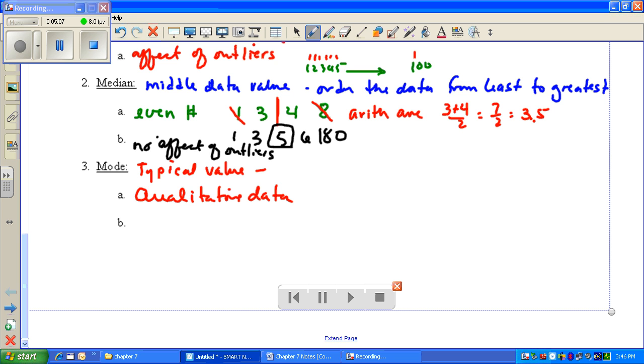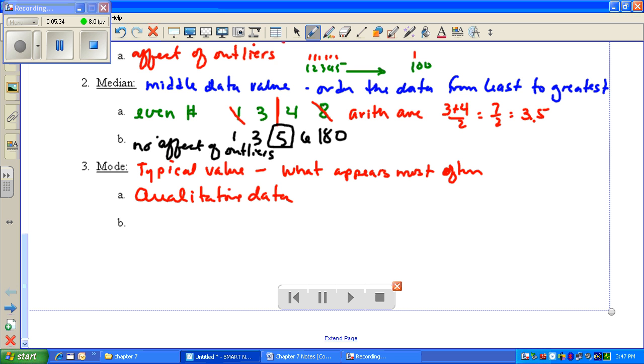It's typical by what occurs the most often. So if I look at my math for elementary teachers, I would say the average student in my math for elementary teachers is female. That would mean most often I have more females in the class than males.